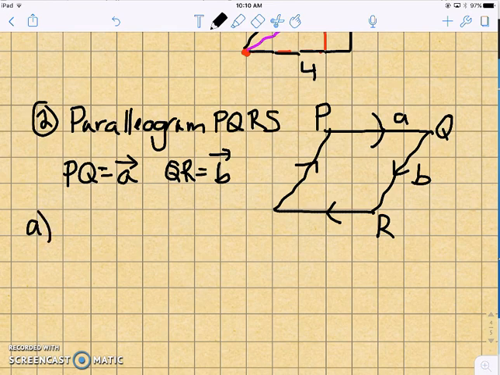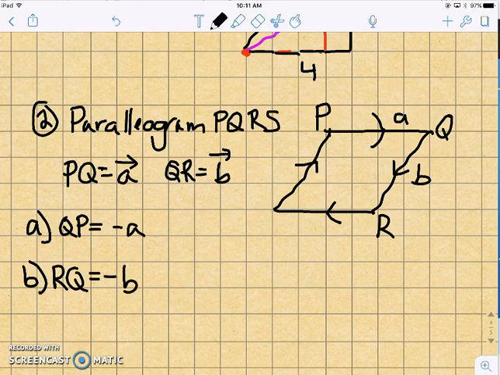So let's say we needed to write it in terms of vectors Q to P. Well, if P to Q going that way is A, this would be the opposite of A. If we were to write R to Q, that would be the opposite of B. If we had S to R, oops, here's S. S to R is going against that direction.